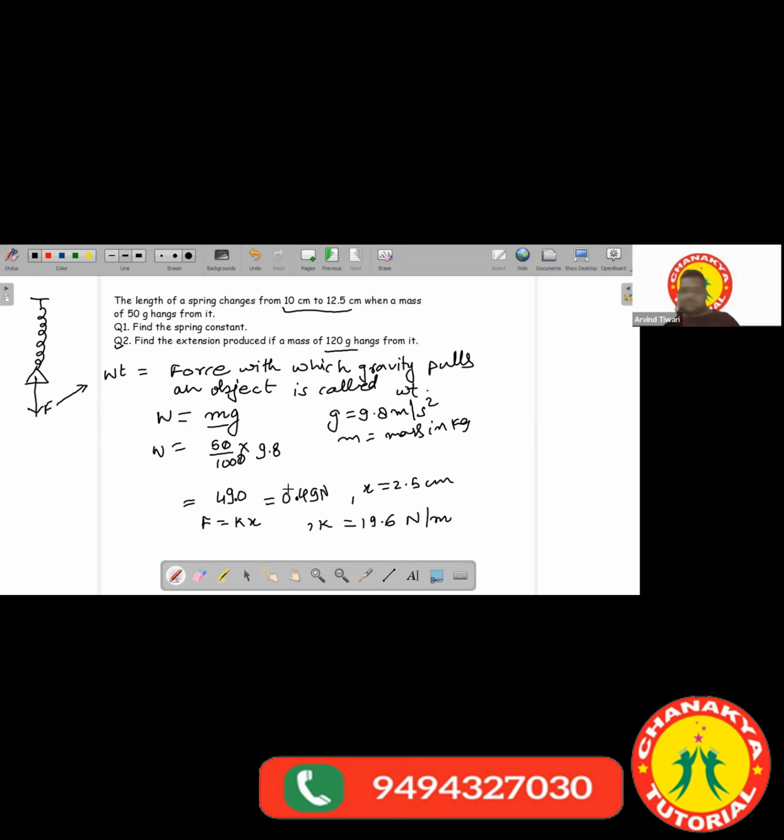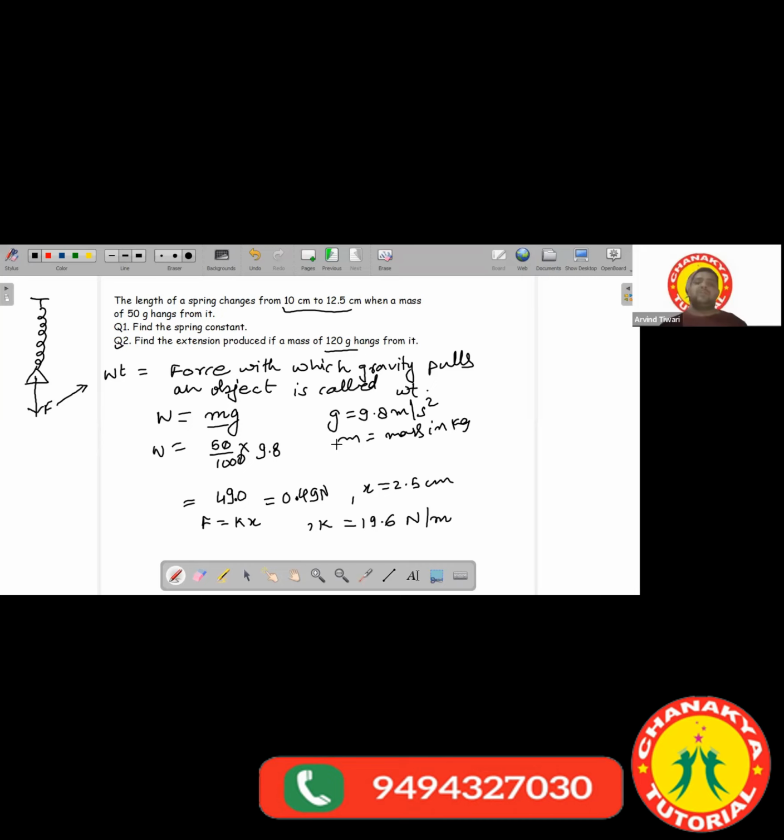Mass is 0.12 and weight will be 0.12 multiplied by 9.8.